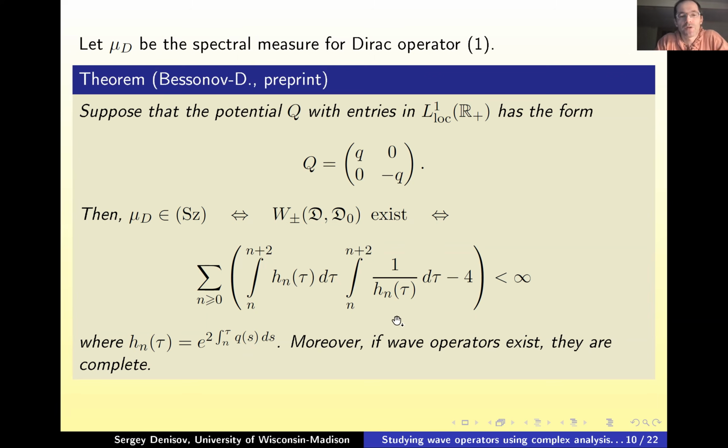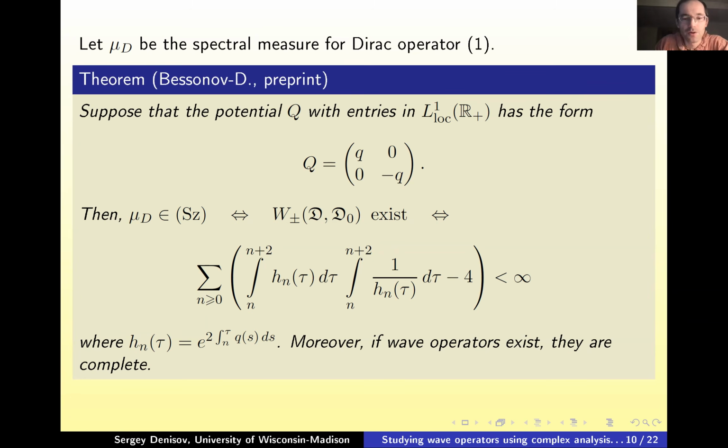This product resembles a little bit the Muckenhoupt A2 condition, but you integrate. Especially if you divide by this 4, it will be exactly the averages in the Muckenhoupt condition. But now you fix the scale: the intervals over which you are doing the averages are all of fixed size. In this case, it's 2.